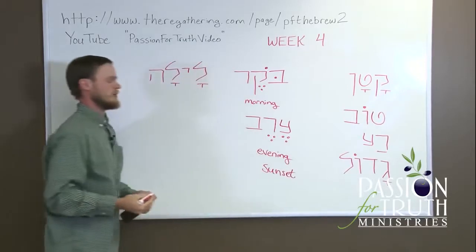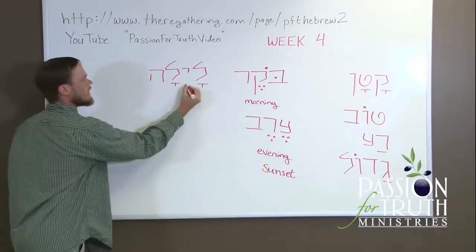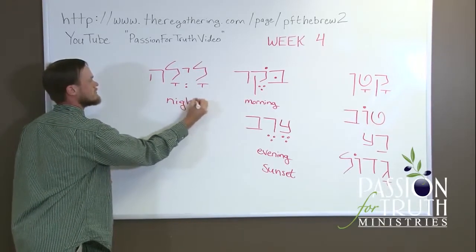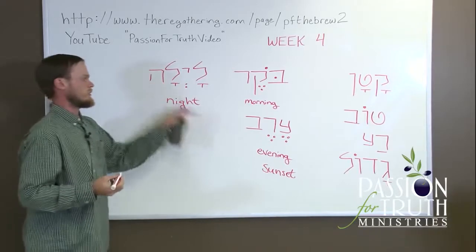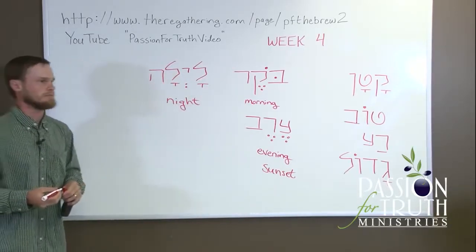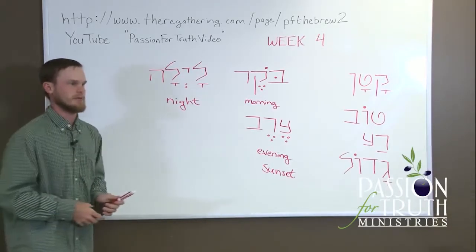It's kind of the period of time it's referring to, whereas Lila means night. So Lila occurs after Erev. It's the dark part of the day. Lila Tov, good night, another common phrase.